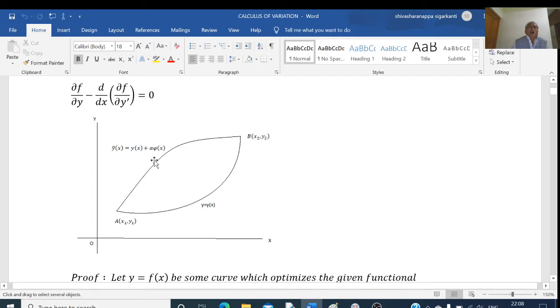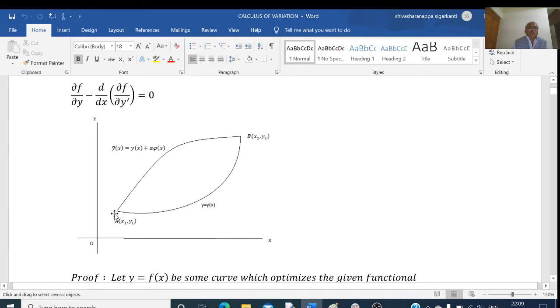And we define this eta of x such that eta of x1 is equal to 0 and eta of x2 is equal to 0. That means at the point A, y bar of x is the same as y of x because this is the common point. Similarly, at the point B, we have defined eta of x2 equal to 0, so at this point B, y bar is equal to y.